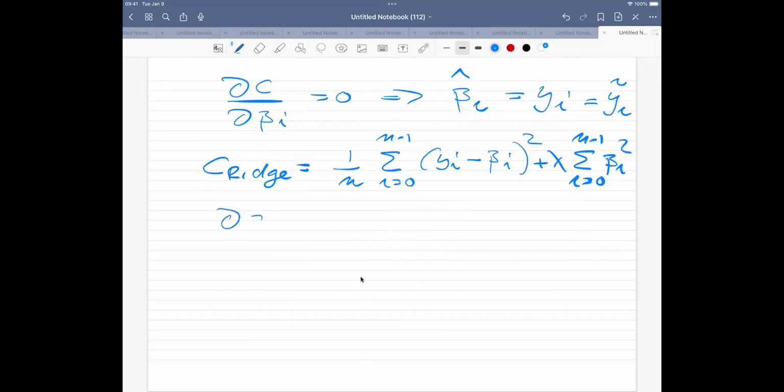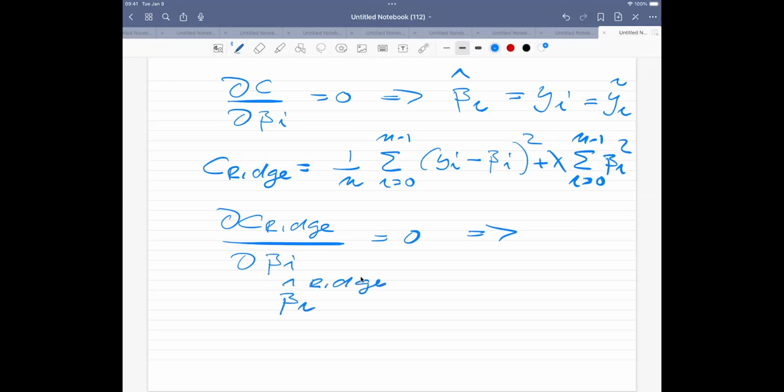And then when I take the derivative of this quantity with respect to beta of I equal to 0, it's pretty straightforward to see that beta of I for ridge, and they are the same for all the values of I, is simply equal to y of I over 1 plus lambda.